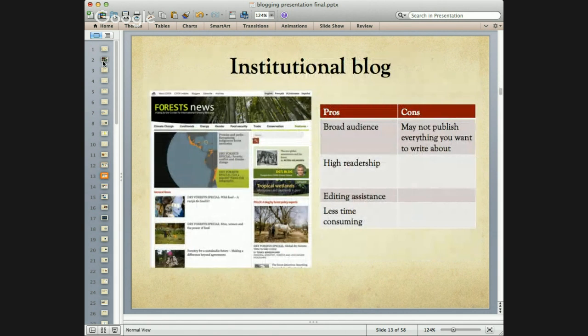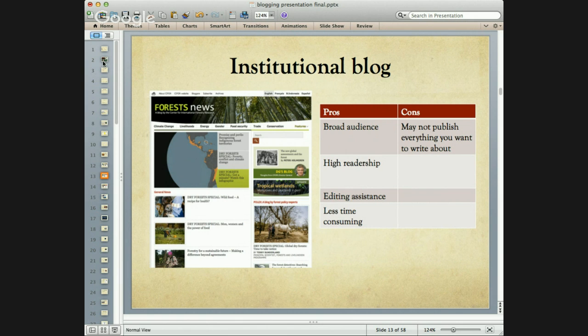So an institutional blog, really the pros of choosing to blog with your institution is that the institution normally has a very broad audience, and often will have a higher readership than if you were to set up your own personal blog and try to do that on your own.